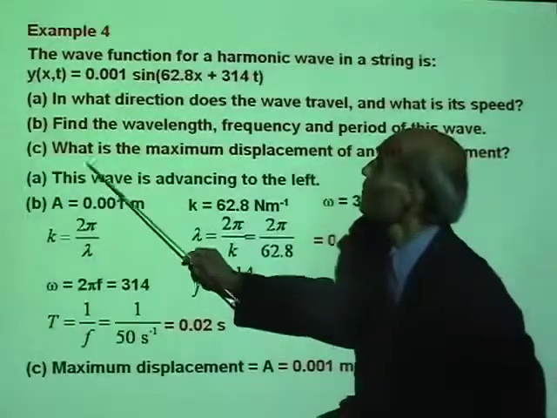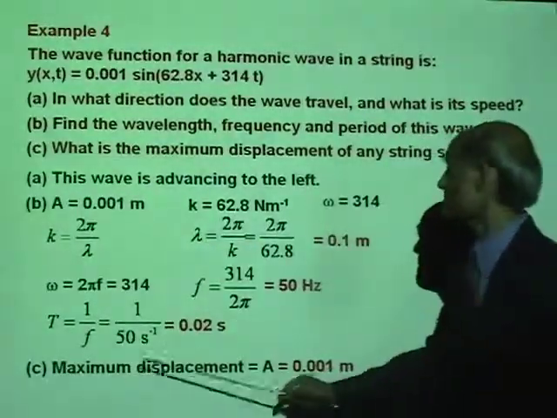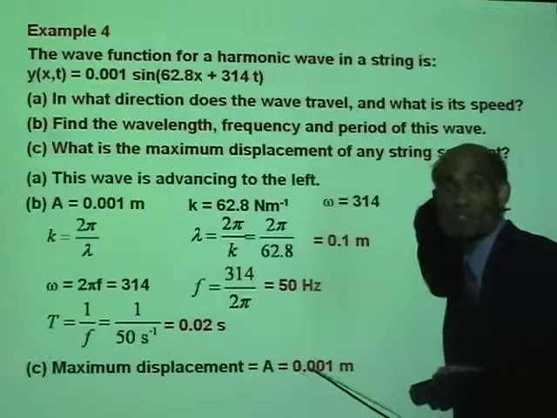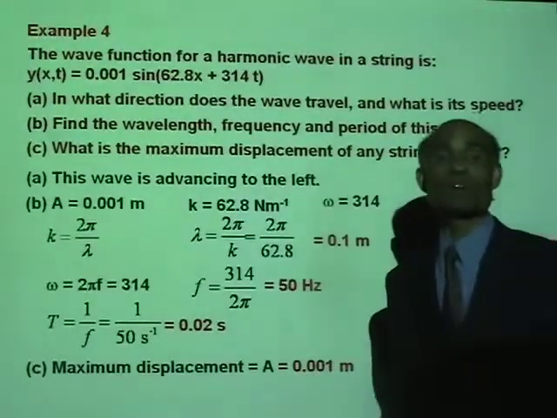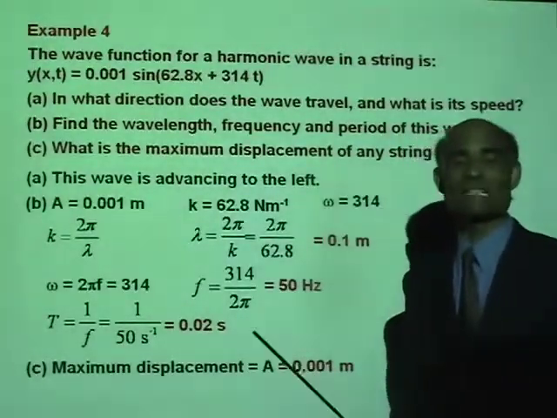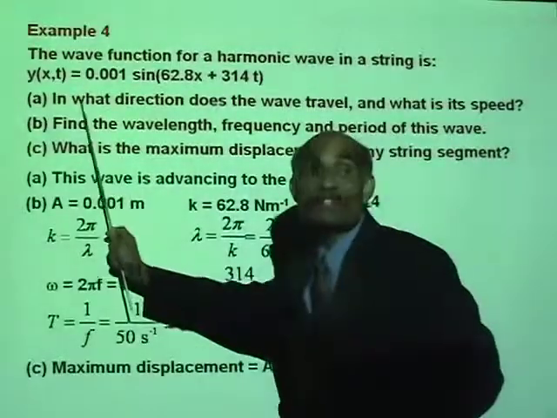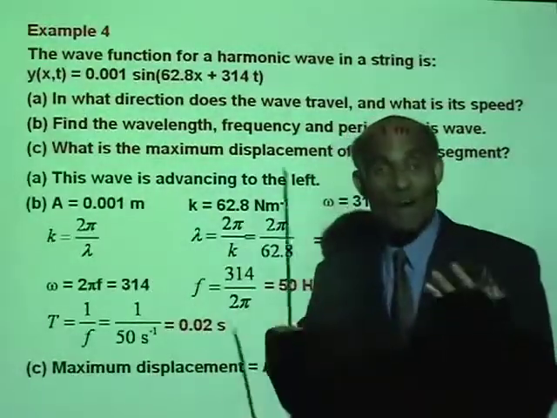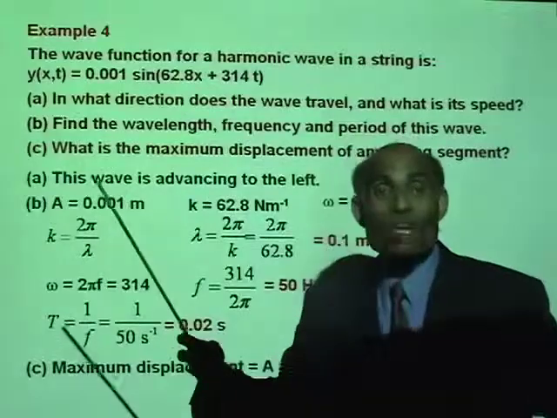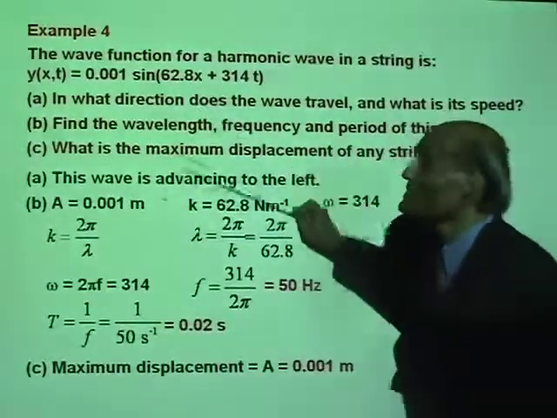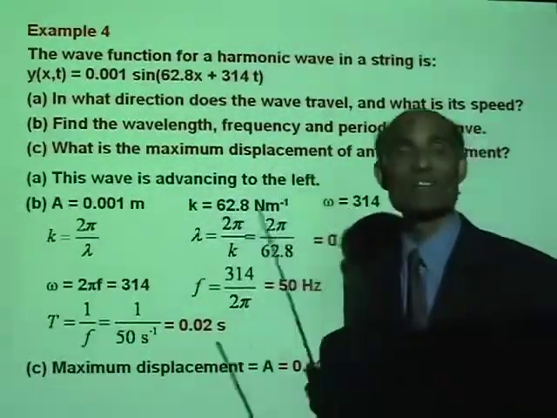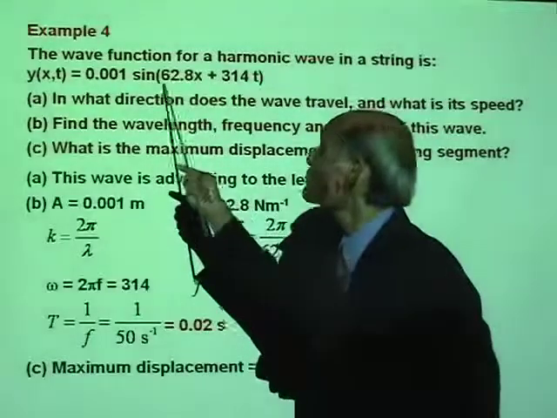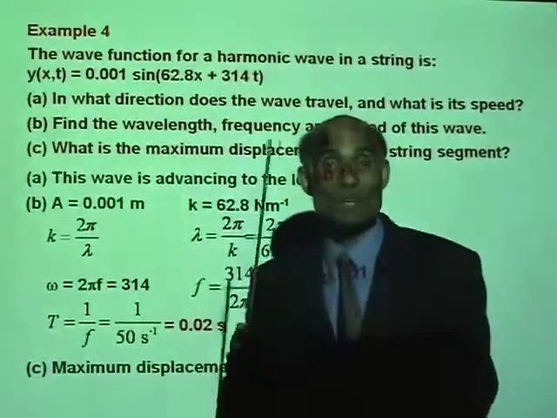Well, of course we answered this already. The maximum displacement is the amplitude, which is 0.001 meter. So you can see, once you have the equation of a harmonic wave, all the information about that wave is contained in that equation. Only thing is, you need to recognize the form of the equation. It's very important.